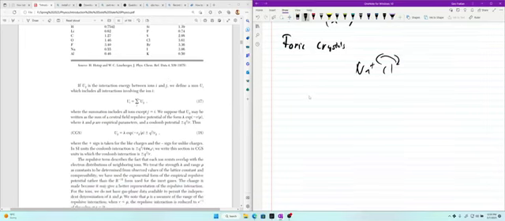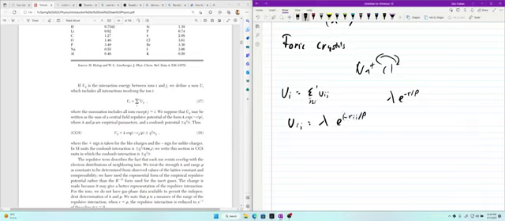So in CGS, where we ignore constants, Uij is lambda e to the negative rij divided by rho, plus or minus q squared over rij. This is our total energy. The plus sign is for like charges, and the minus sign is for unlike charges.